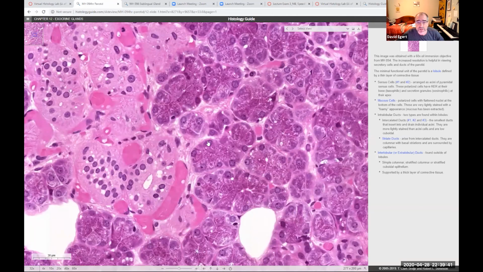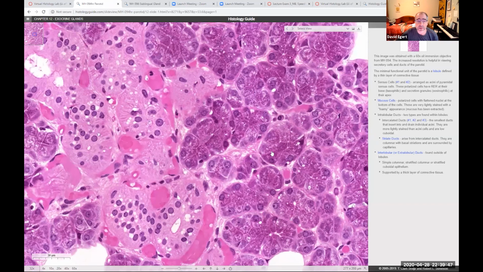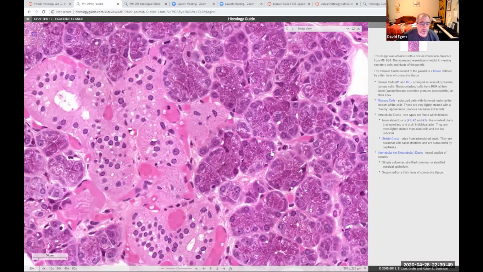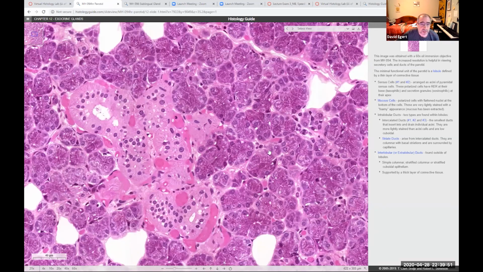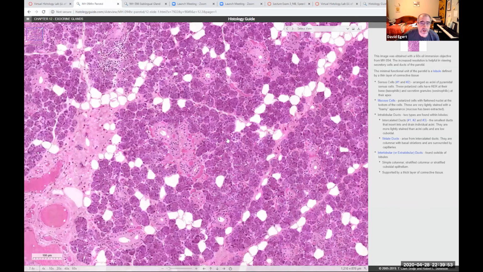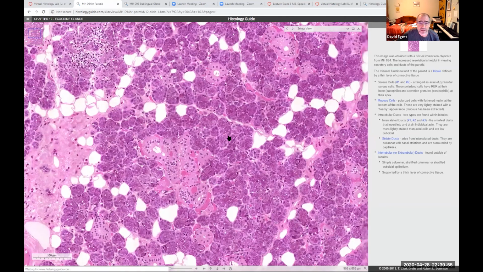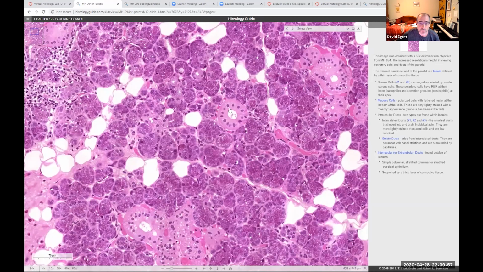Those are the serous cells. Those are the cells that make the amylase. Cells that make mucus look more like goblet cells, and we're not really seeing them so much. And then we're seeing a whole bunch of ducts, little tubes made out of simple cuboidal epithelium.